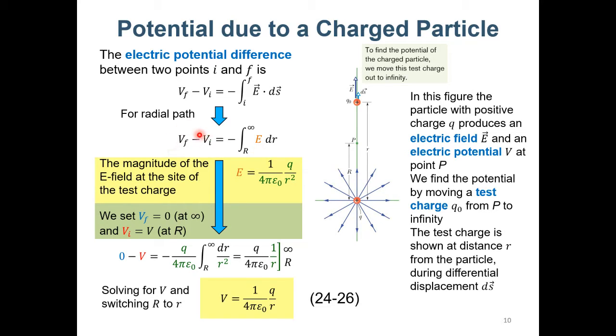So now we can imagine that the final point is infinitely far away, which has zero potential, so Vf is 0.